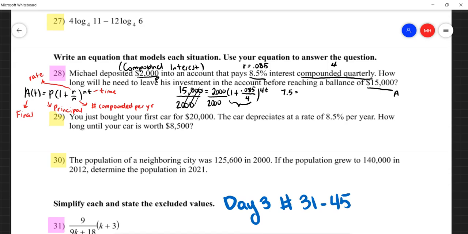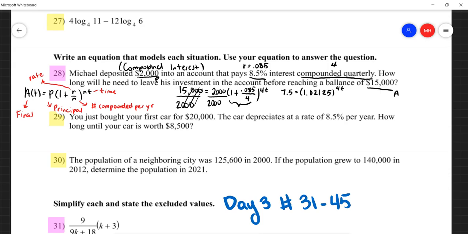So I'll say 1 plus 0.085 divided by 4. And this is 1.02125. And it's still raised to the 4 times t.